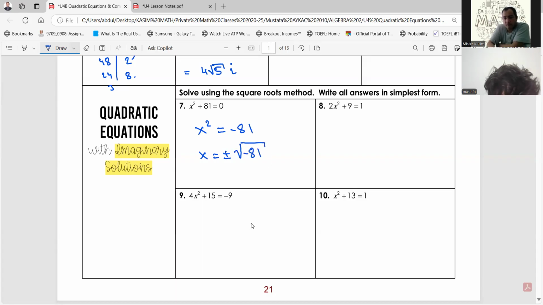And now we have just practiced how to calculate this. Negative 81 is negative 1 times 81, and square root of 81 is 9. Square root of negative 1 is just I. So the solutions of this equation will be plus minus 9I.